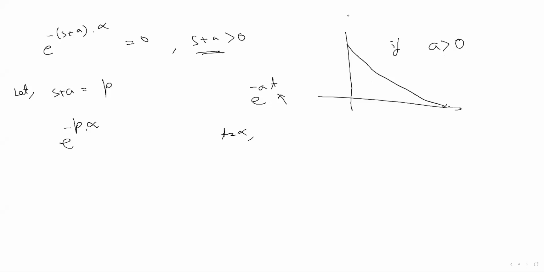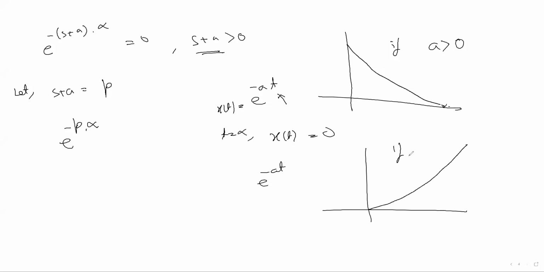Suppose this is x of t, then x of t will be 0, as you can see by the plot. If a is less than 0, obviously this minus sign becomes plus, and the plot is gradually increasing. At t equal to infinity it is infinite, so you can write that the signal x of t is infinite.